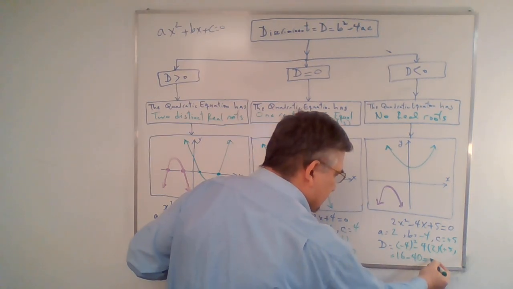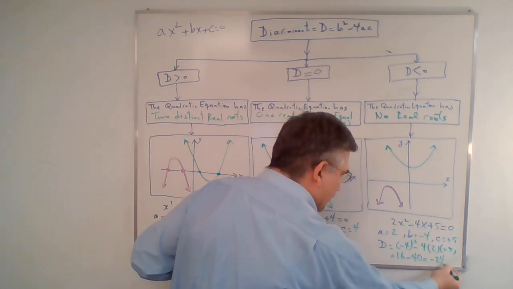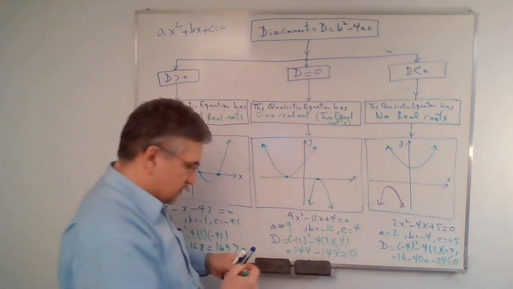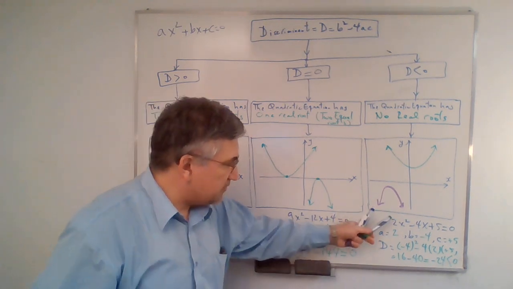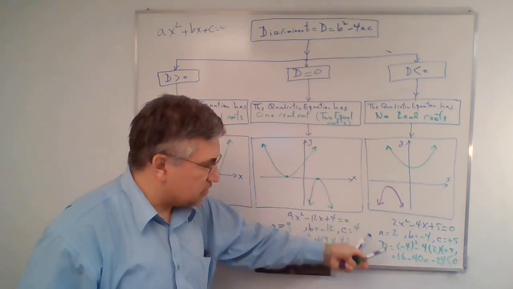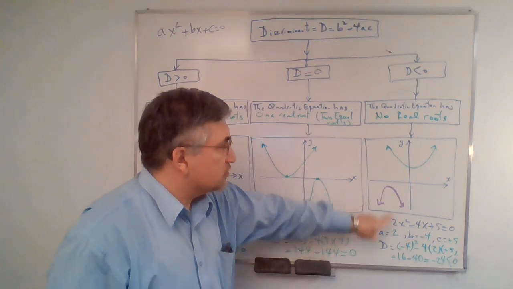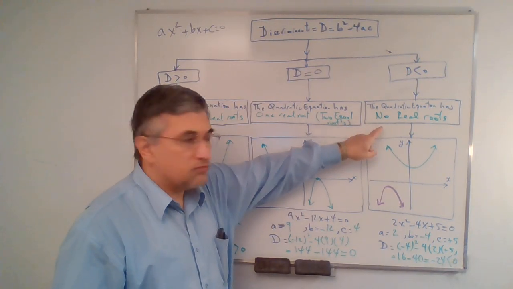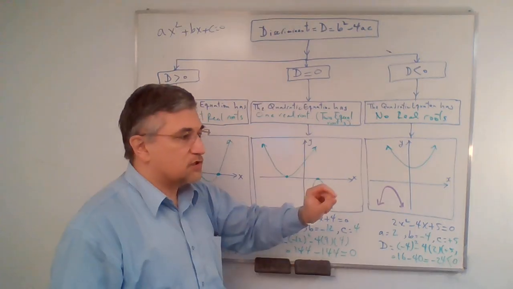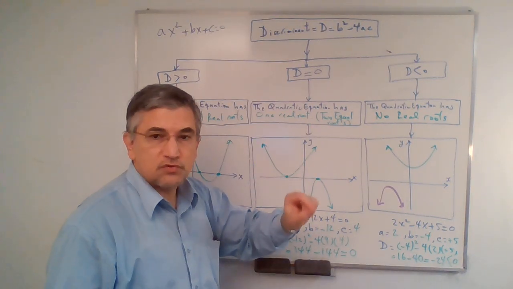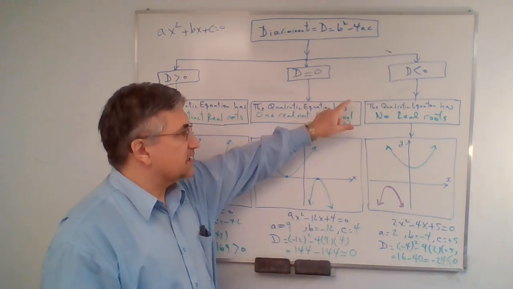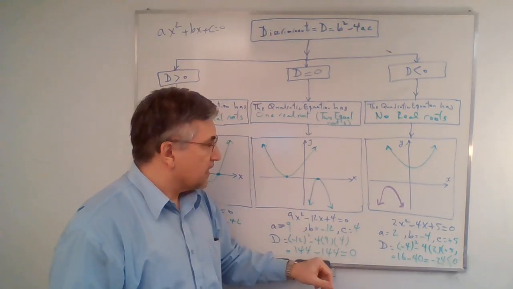The answer would be negative 24, which is less than 0. It's a negative number. So the discriminant of this quadratic equation is negative. Therefore, this quadratic equation will not have real roots. We don't need to bother solving it. You just state no real solutions or no real roots for this quadratic equation, and that is it.